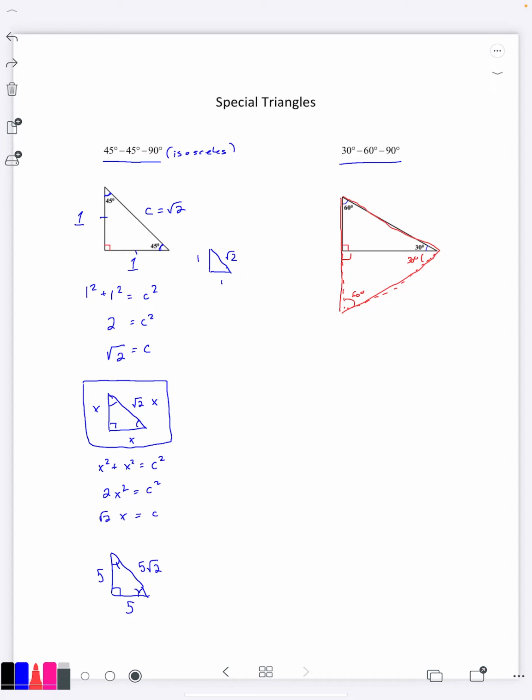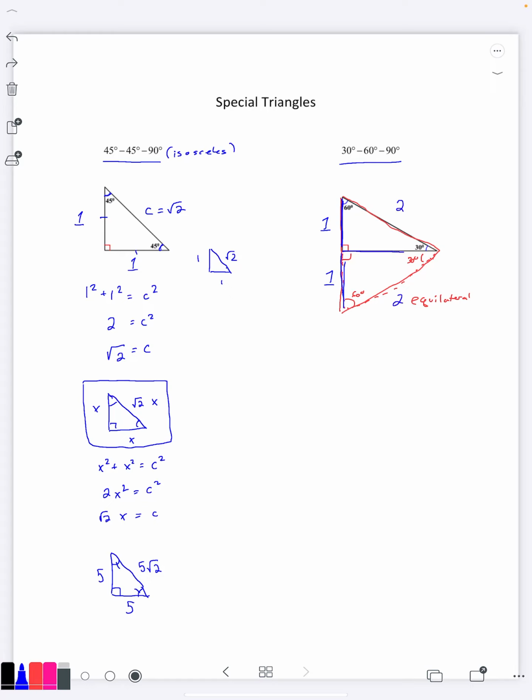It's an equilateral triangle, and equilateral triangles all have the same sides. All three sides are equal. So we're going to suppose that this initial side right here is 1. If that is 1, then by mirror image down here, this is also 1, which means the total side length of the red triangle is 2. That means each of these is 2.